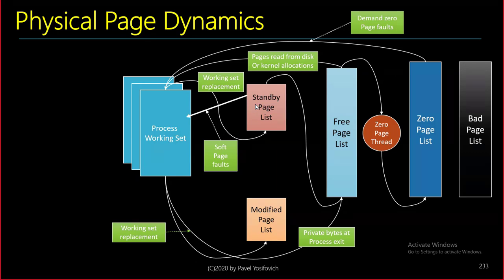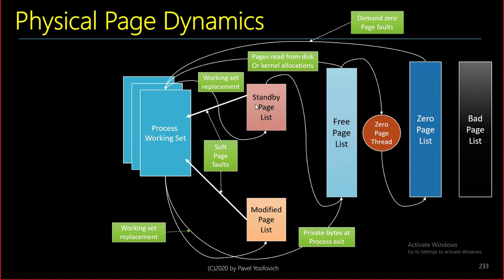I'm going to put it in a modified page list, and because that page is not yet synchronized with its copy in the page file, I can't just put it in the standby list. Then one of two things happens. Either the process suddenly does access that page, and so it goes back to the working set immediately. It now properly belongs to the process because it's using it.